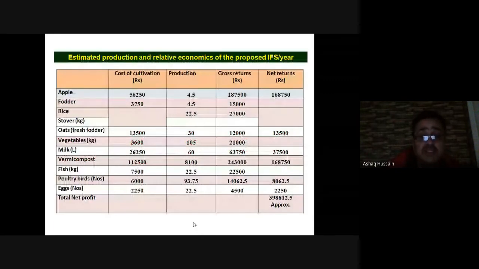So an exercise has been done to estimate the cost of production and the estimated income from such activity. From all these types of activity, we have estimated a profit of around 4 lakh rupees per year per hectare for a farmer who can divert his farming system to integrated farming activities.